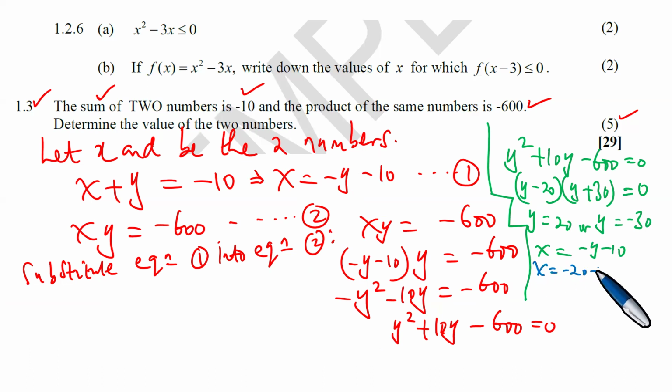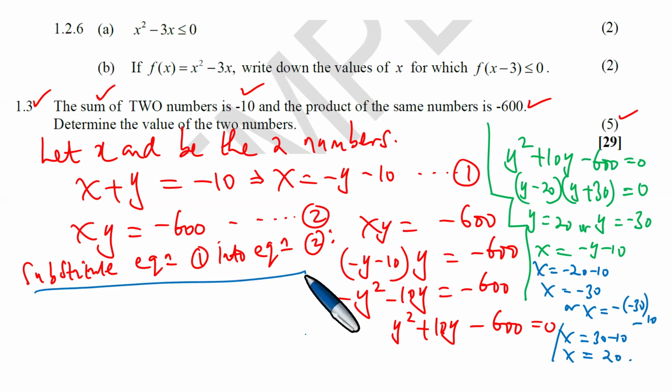Y is minus 20, minus 10, and this is minus 30. Or x equals minus y minus 10, but y is minus 30, so it is minus minus 30 minus 10, and therefore x is 30 minus 10, and 30 minus 10 is what? It is 20.